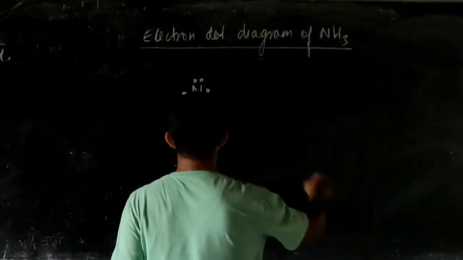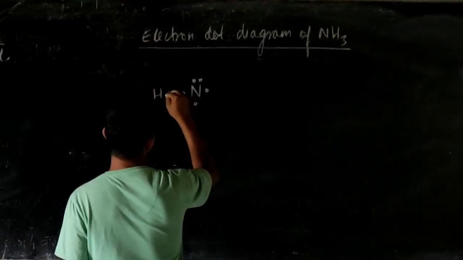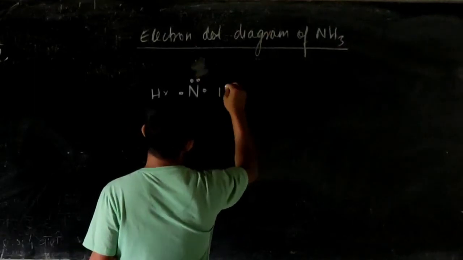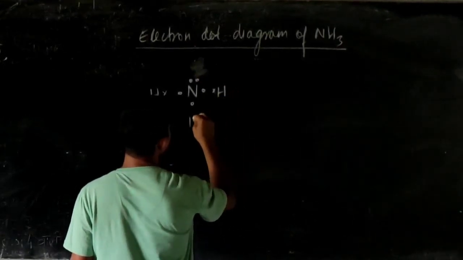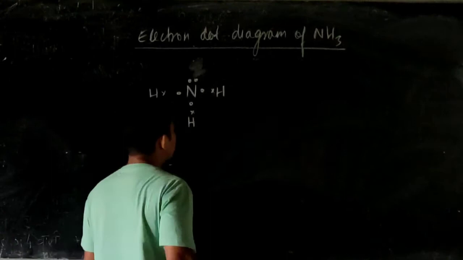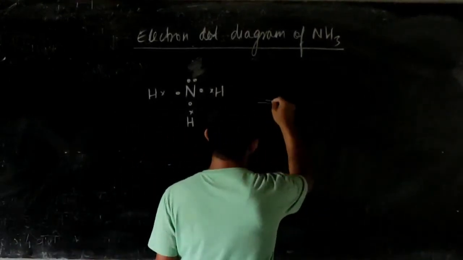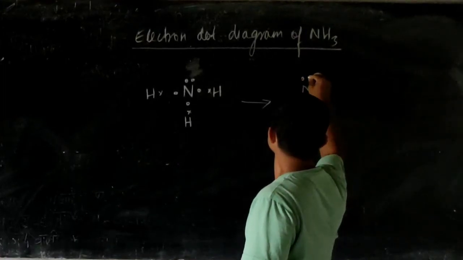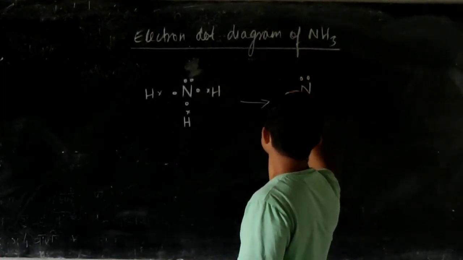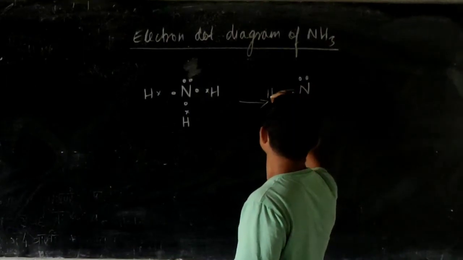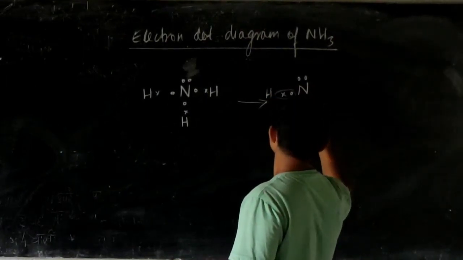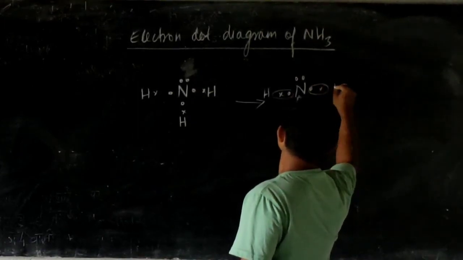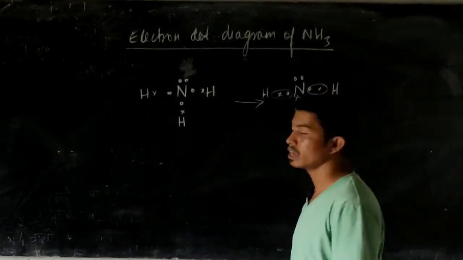So what do they do? Each of the hydrogen atoms, having 1 electron in its outermost orbit, comes near to the nitrogen. After combination, the nitrogen shares a pair of electrons here, and then I have the other pair, and here the other pair of electrons. Thus ammonia is formed.